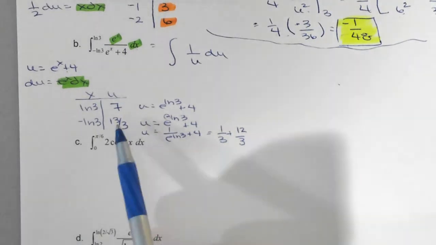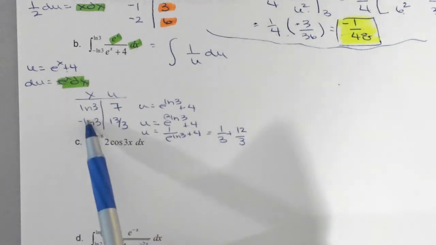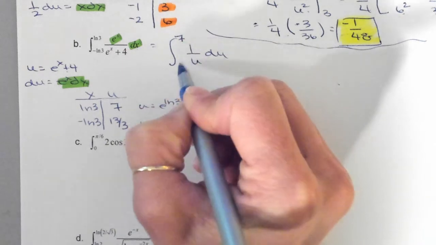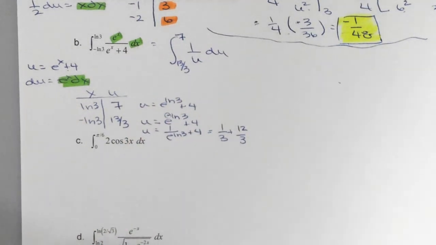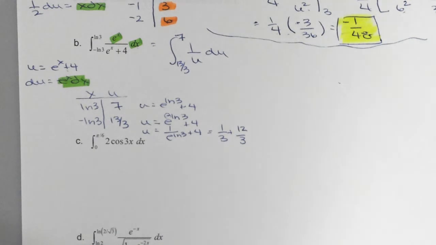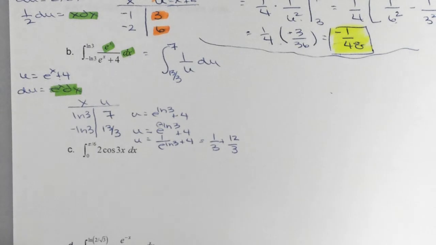Here's my question. Remember, I took these from the direct location, so that means the 7 goes here and the 13/3 goes here. Are they in the proper order? Yes, you don't have to flip anything. What is the integral of 1 over u du?